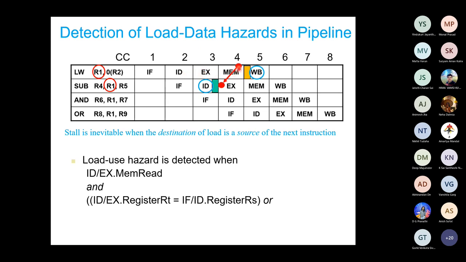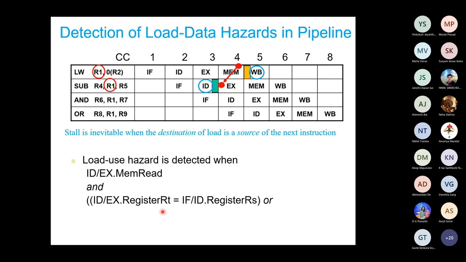You can see we don't need to wait, because once the load and subtract have entered into the pipeline, the IDEX memory read should be on here, because that information will be passed along, and when it reaches the memory stage, it would be enabled. But it is already available as soon as this has entered the pipeline. So I want to recognize IDEX memory read earlier in the pipeline because I need to insert the stall. You understand why?